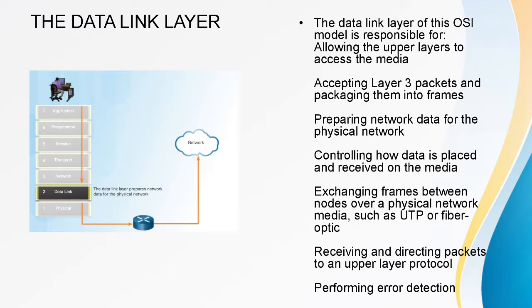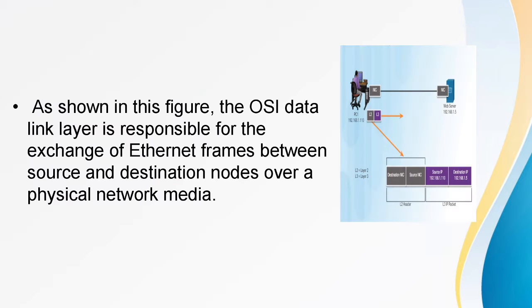The data link layer. The data link layer of the OSI model is responsible for allowing the upper layers to access the media, accepting layer 3 packets and packaging them into frames, preparing network data for the physical network, controlling how data is placed and received on the media, exchanging frames between nodes over a physical network media such as UTP or fiber optic, receiving and directing packets to an upper layer protocol, and performing error detection.